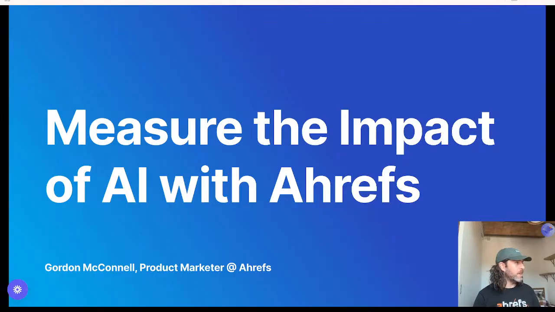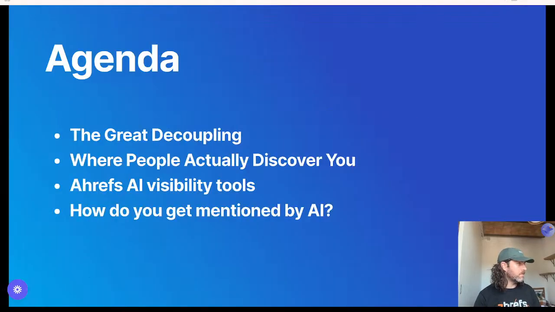So the agenda for today is we're going to talk about the great decoupling between impressions and traffic, where people are actually discovering you, because those searches are not going away. People are still searching. Then AI visibility tools in Ahrefs, how we can help you measure the impact and discover different ways you're being talked about in AI tools.